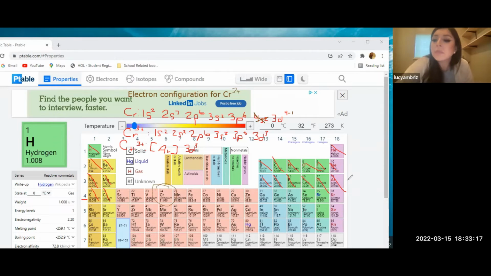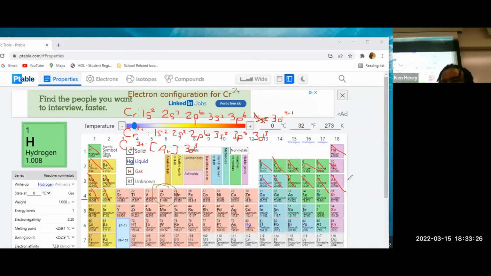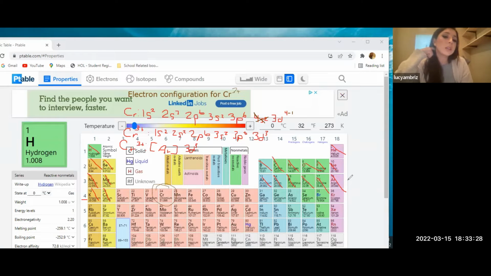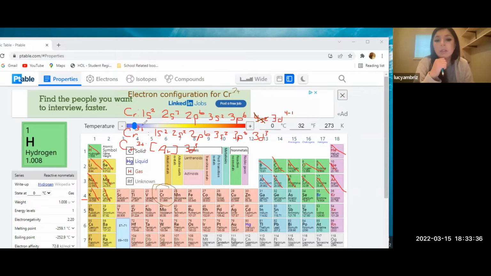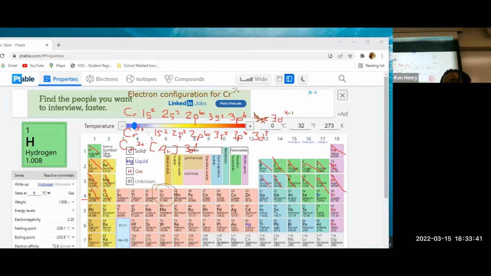Dr. Henry? Yes. So the chromium, the first one we did, that was from the ground state. And then the one where we started at the noble gas, is that the noble state or the noble ground? It's still ground state. The difference is by it being 3+, we're just talking about the ion, but it's also ground state. It's just two different ways of writing it.